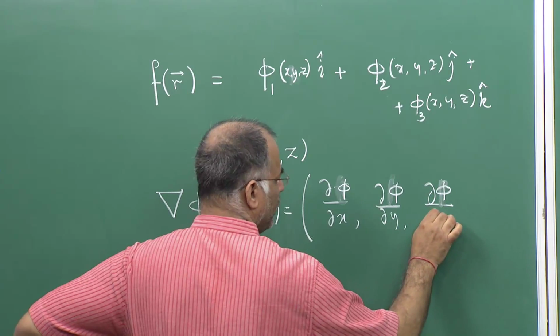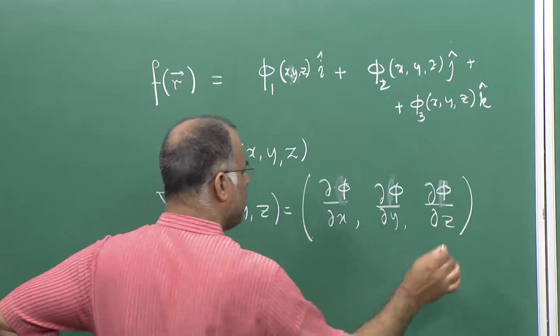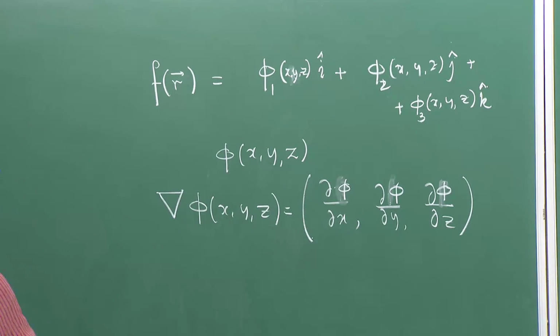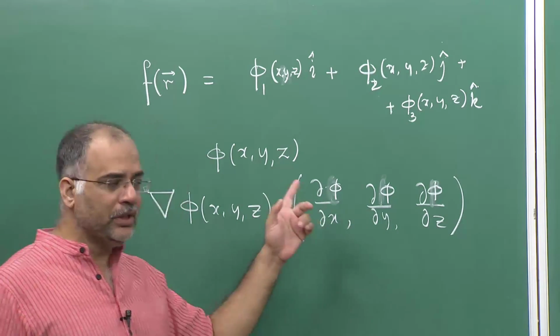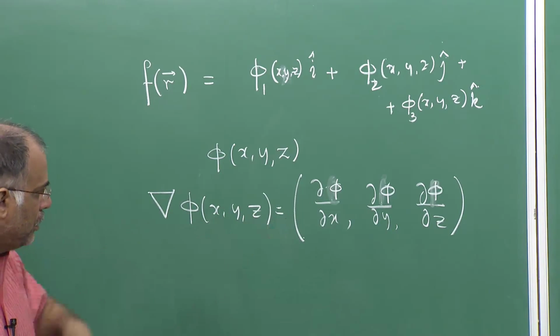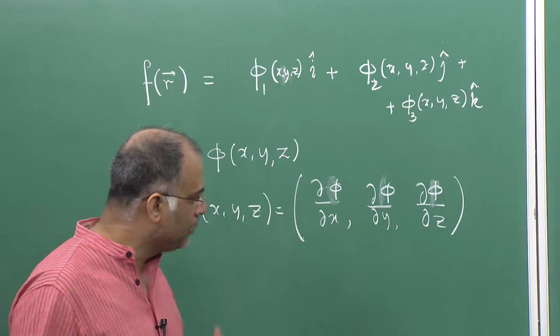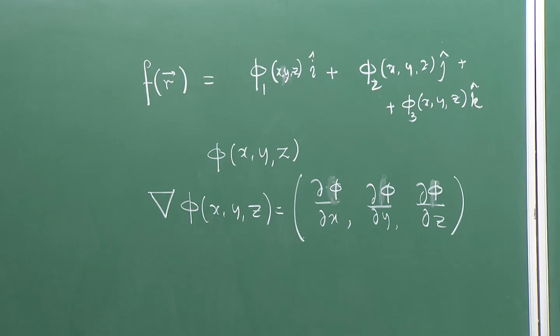You can also extend it to n variables, but we will be concerned only with 3 variables. I am writing this because you are already aware of this for 2 variables, so I am doing this to make you aware that we can extend it to 3 and more, but we will be concerned with 3 here.